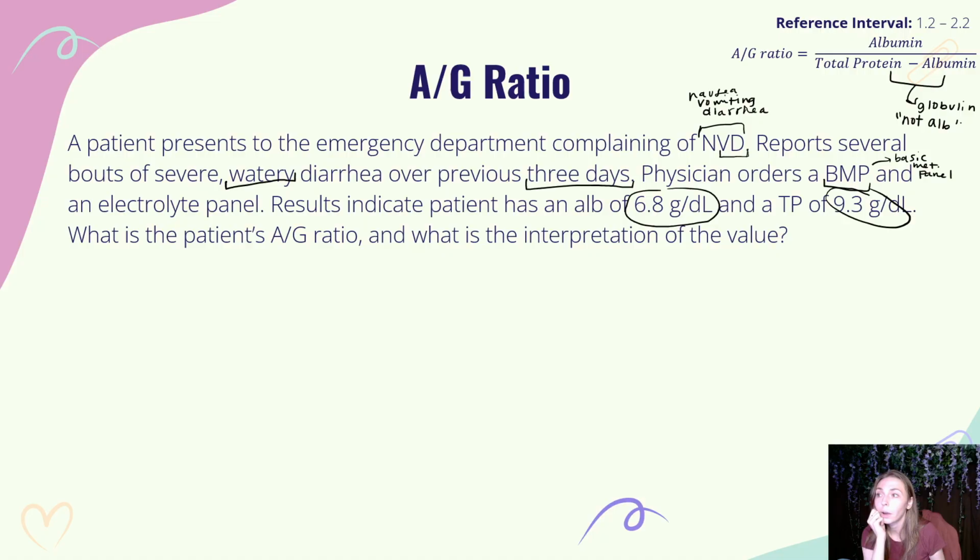So we're going to pull our formula down. Our ratio equals albumin over our total protein minus our albumin, aka our globulins.